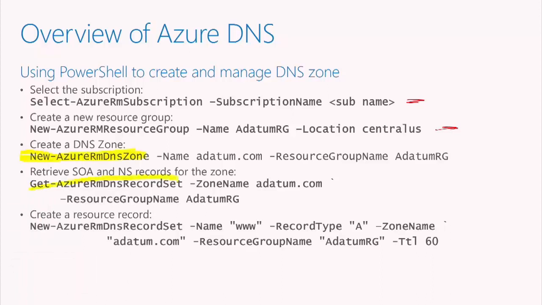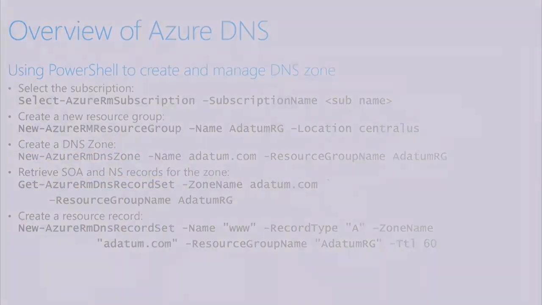Getting the start of authority records. And then creating just a simple www record for a website. So you now have full control over DNS in the same way you have control over every other element within Azure. So that's fine. Let's go take a look at this in action.